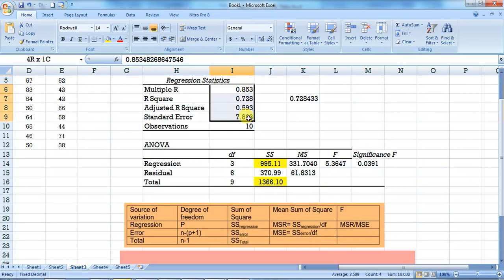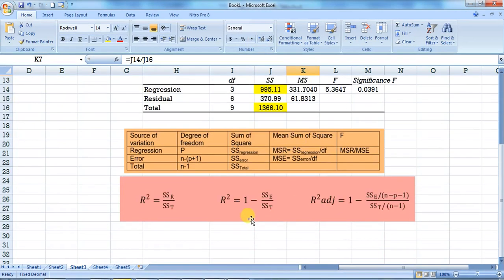So you can check the 4 digits. Similarly, we can also calculate in a different way. This is 1 minus sum of square for error divided by sum of square for total. We know that total sum of square is equal to regression sum of square plus error sum of square. So sum of square due to regression can also be written as sum of square due to total minus error.